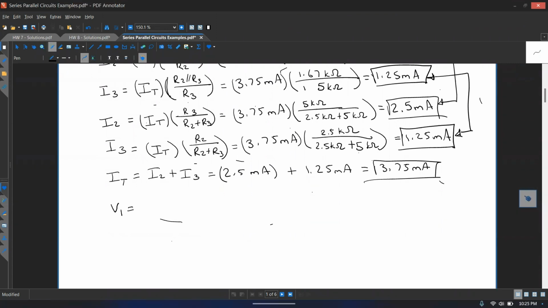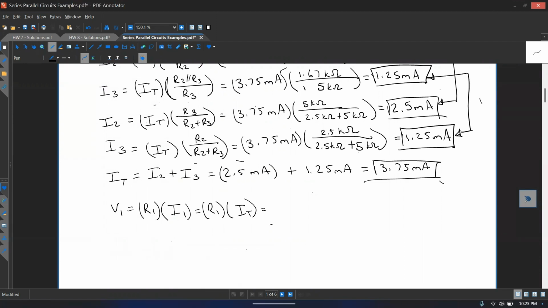V1 is going to equal R1 times I1, and we all know I1 is equal to I total.